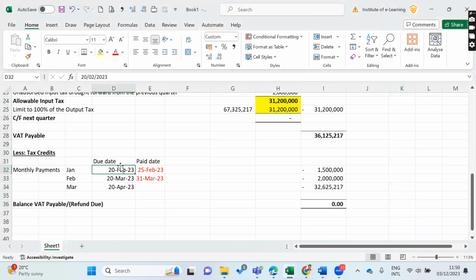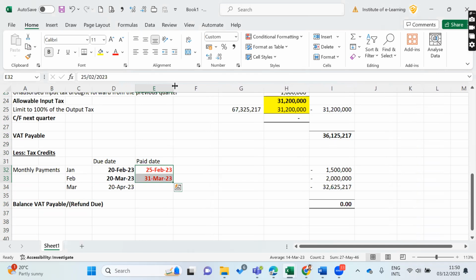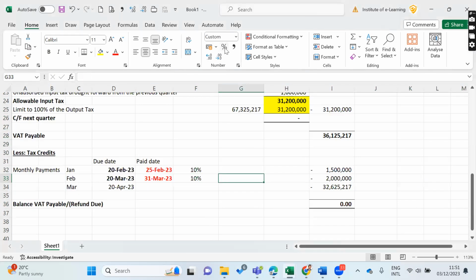The first due date was April 20th and March 20th, but they have paid late. Then how much would be the penalty? 10% penalty, right? Penalty rate would be 10%. 10% penalty immediately. For other delays, further 2%, right? But anyway, they have complied within 1 month, right?